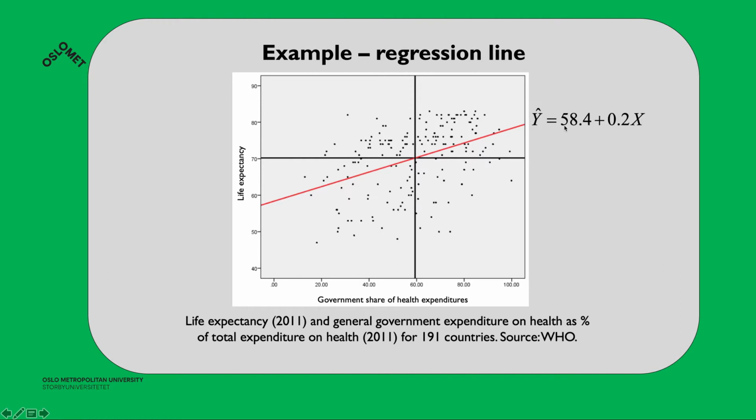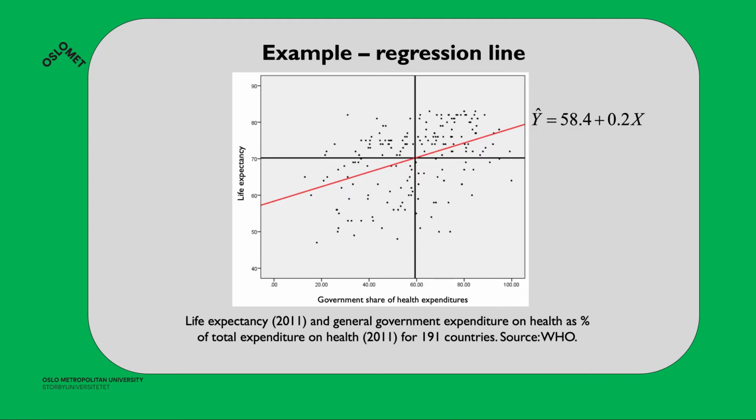So when x is 0, the constant a is 58.4 years. So we start at 58.4 years, but that's only a technical interpretation, because as you can see, there are no countries where the government's share of the health expenditures is 0. So that's only a technical interpretation. And 0.2 is how much the life expectancy increases when you have a 1% increase in the government's share of health expenditures.